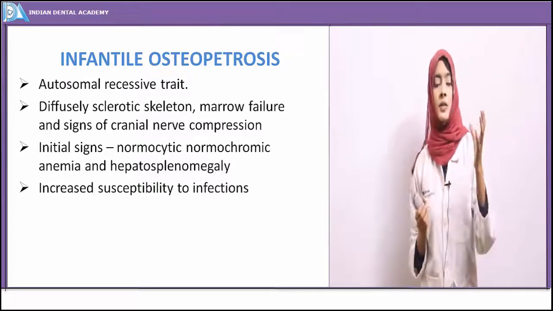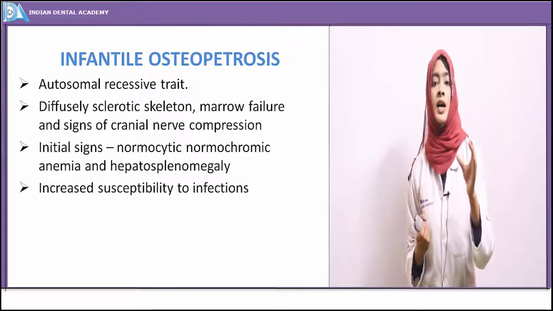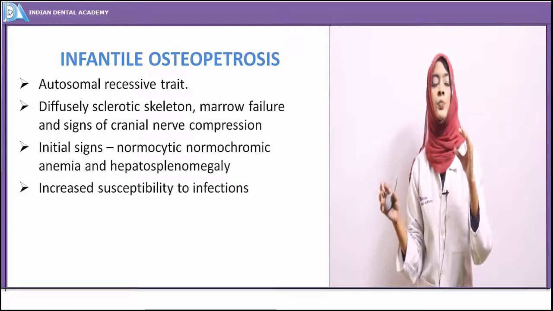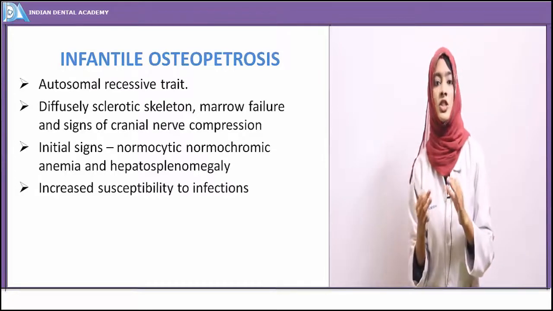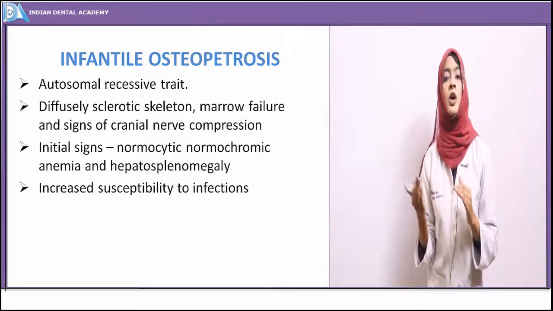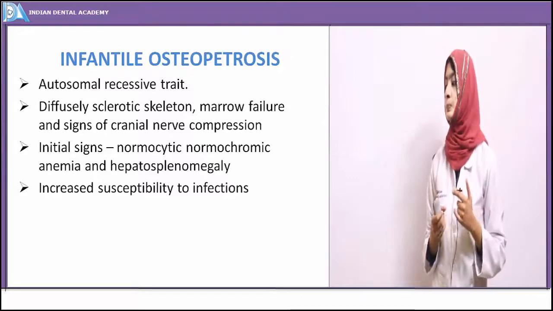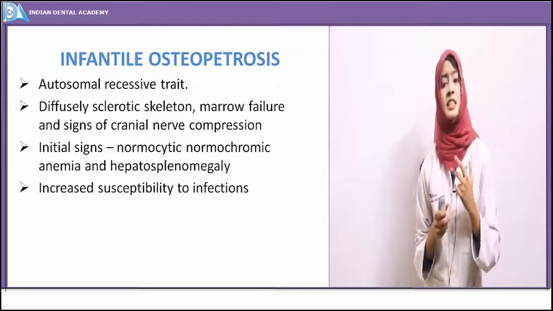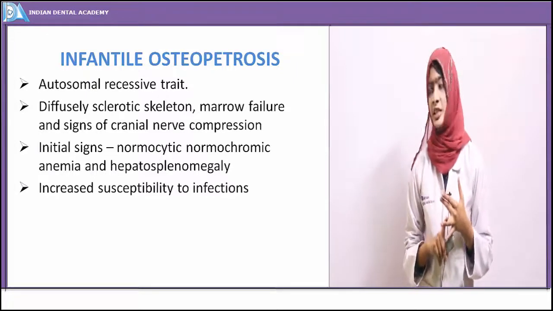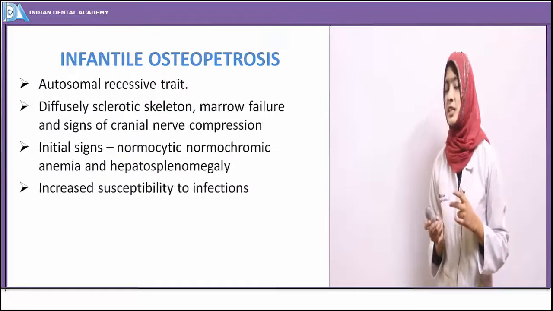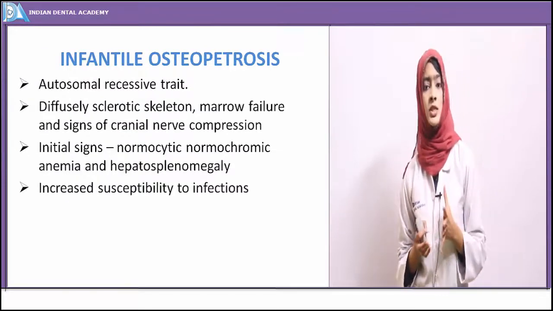This increased bone mass also replaces the medullary bone marrow. Then you can see features of anemia, normocytic normochromic anemia, hepatosplenomegaly, and increased susceptibility to infections. So that is about infantile osteopetrosis.